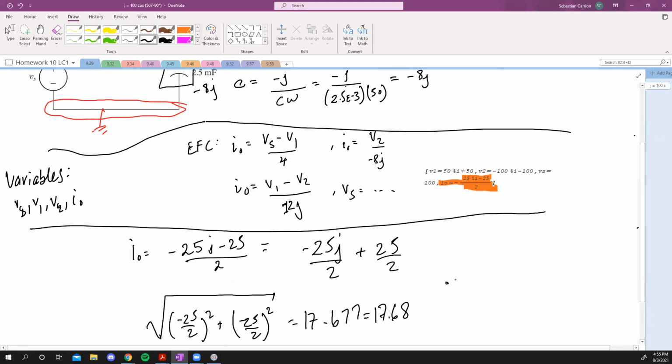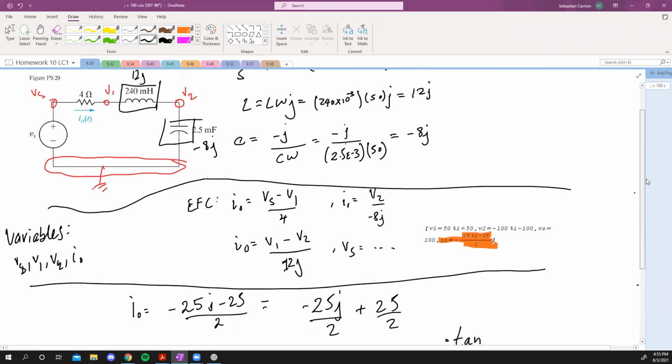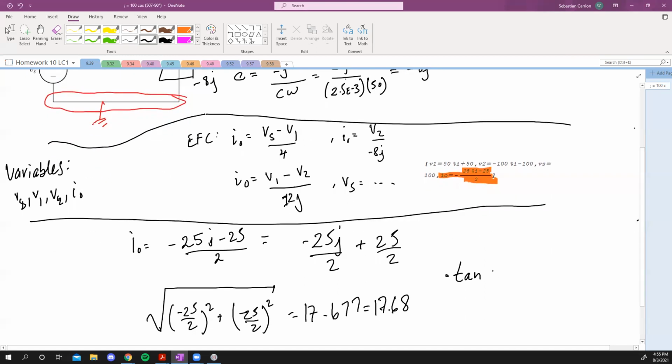Right, and then we want to find the angle. We know our phase is negative 90.